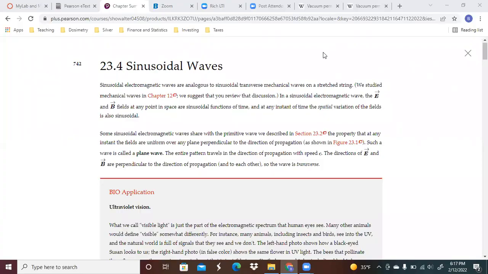Now, before we go over what's going on here in section 23.4, I kind of want to give a little bit of a study as far as what epsilon naught and mu naught mean. Probably the best way to remember the differences between those two is that epsilon naught, you can think of epsilon starts with E and relates to the electric field.